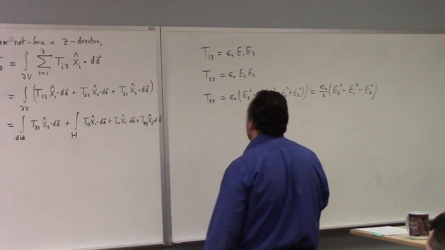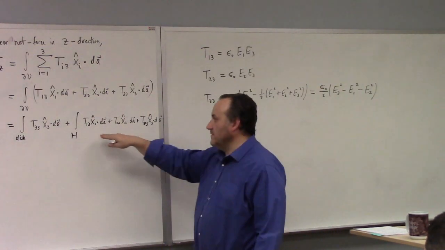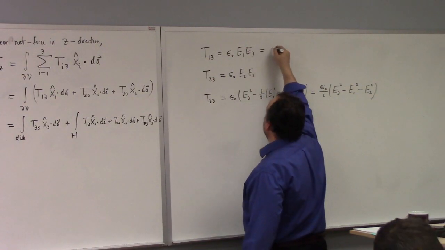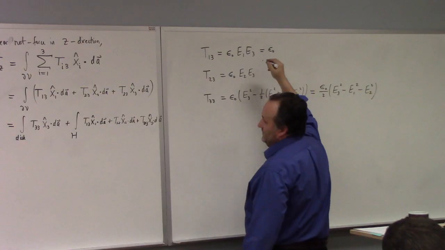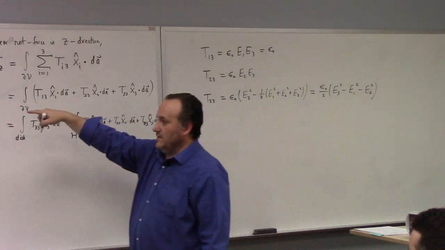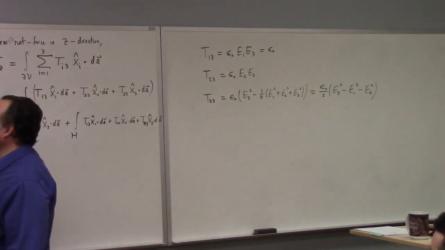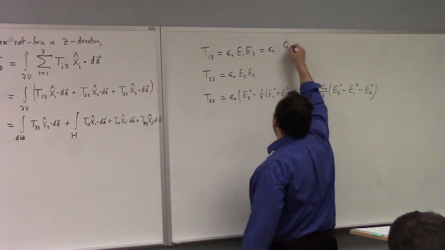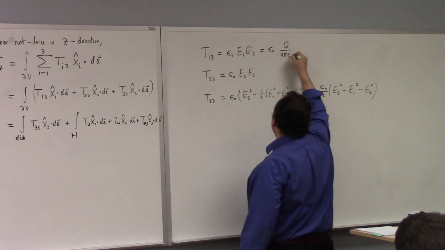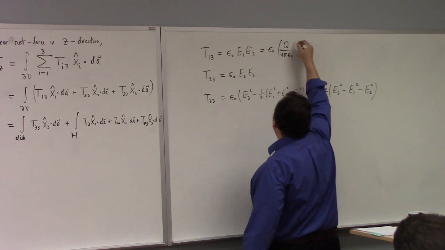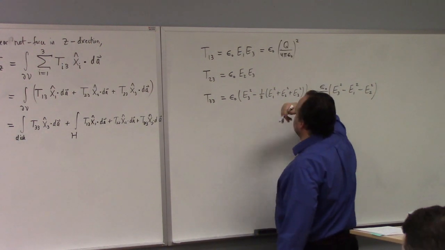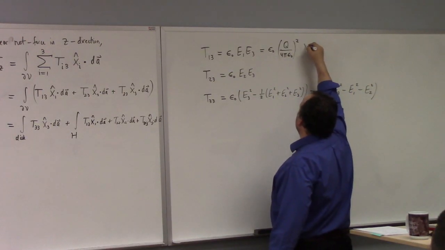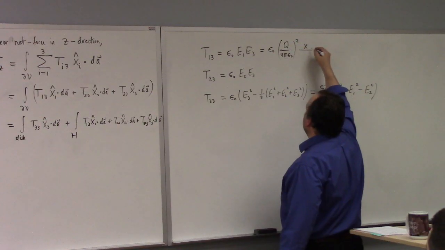So I'm currently thinking about the dome. T_13 on the dome is epsilon naught, all right, so E_1 is Q over 4 pi epsilon naught. We're going to have a Q over 4 pi epsilon naught 2 times, so let's just square that thing and leave it out front. Now E_1, I'll write it out symbolically. It's going to be x divided by what?